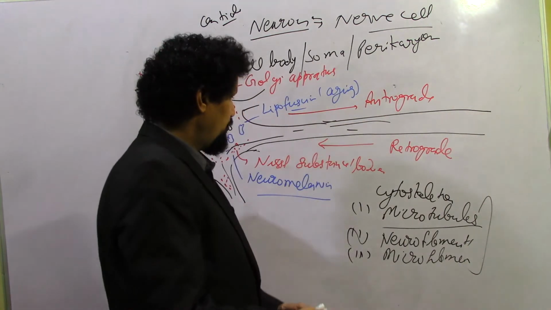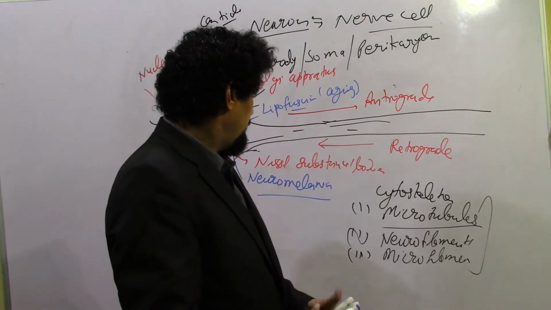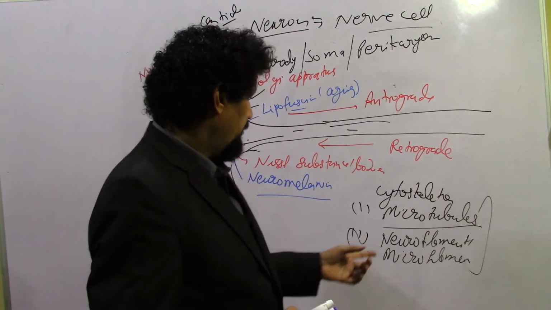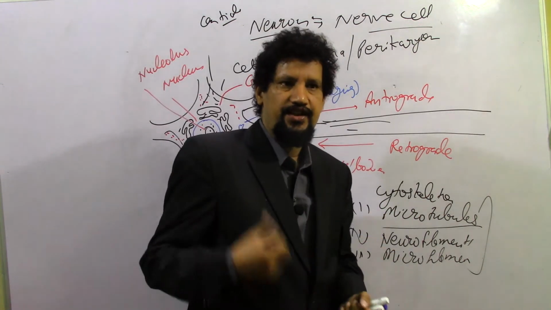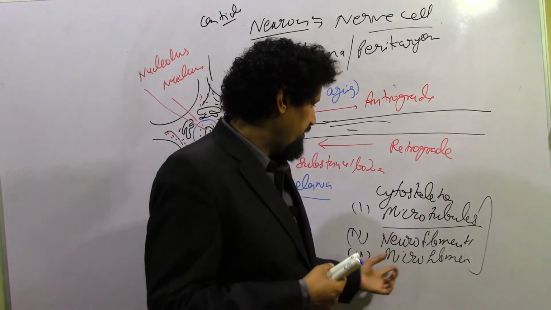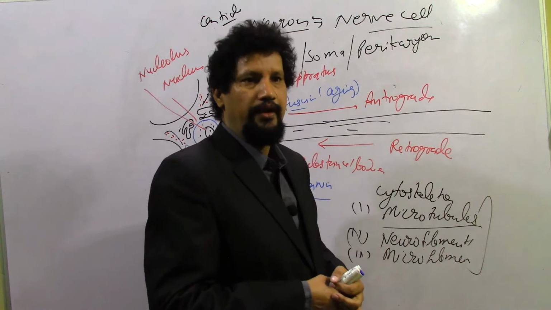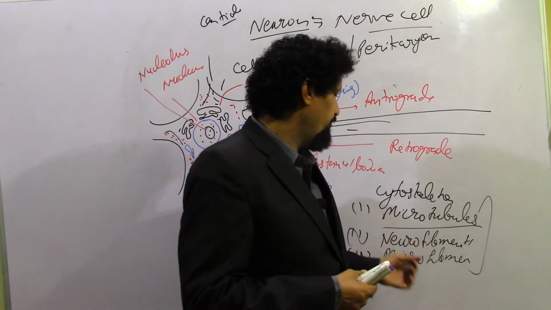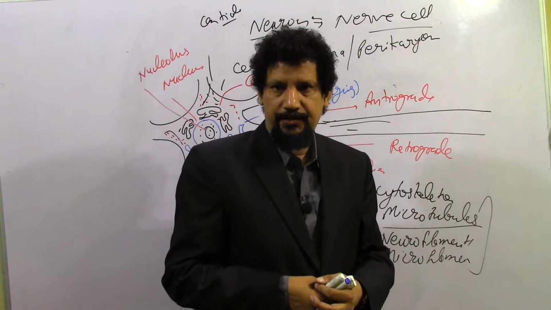The axonal transport is done by these microtubules. The neurofilaments maintain the shape of the nervous cell, and the microfilaments play a role in the formation of the microtubules and neurofilaments by the centriole.